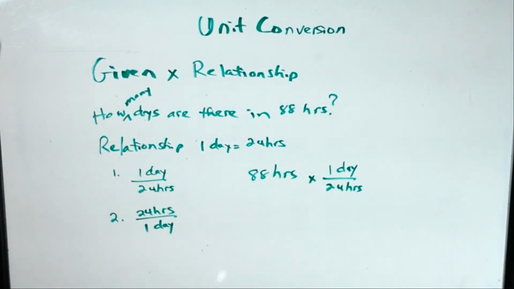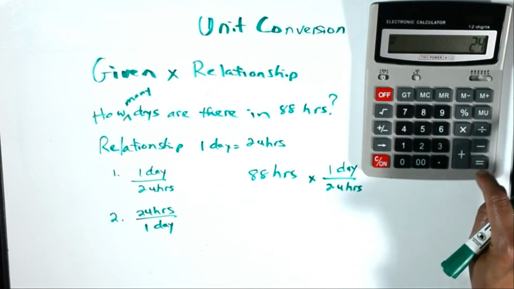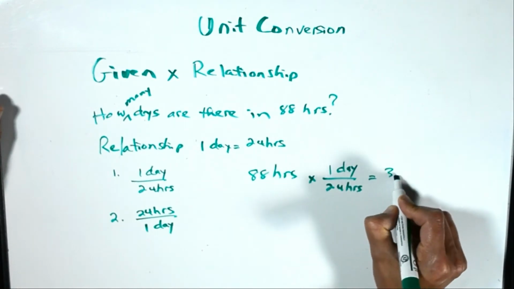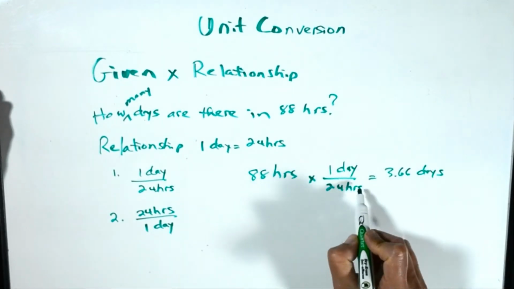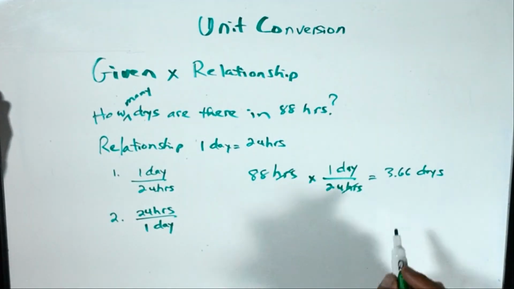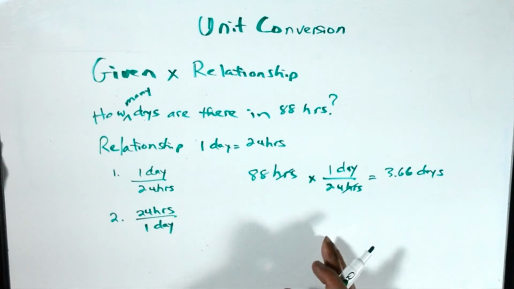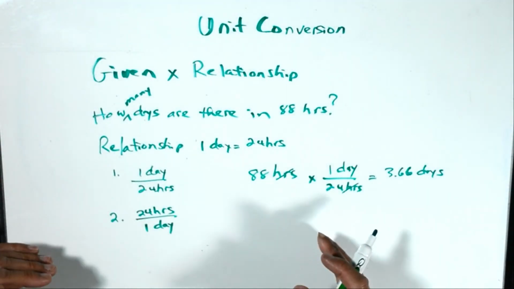And if I check the math for that one, 88 divided by 24, we get 3.66 days, because the hour will cancel, that leaves only the unit of days. So the way this is asking is this: how many days are there in 88 hours? Based on unit conversion, it'll say it would be 3.66 days, okay? So that's how we do unit conversion.